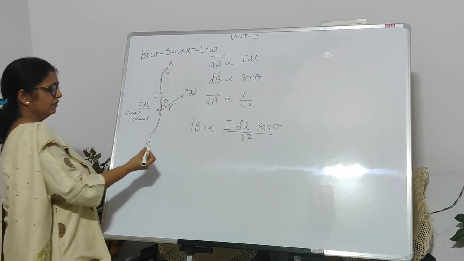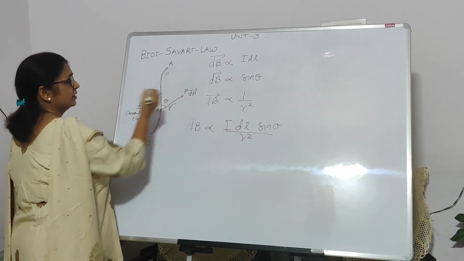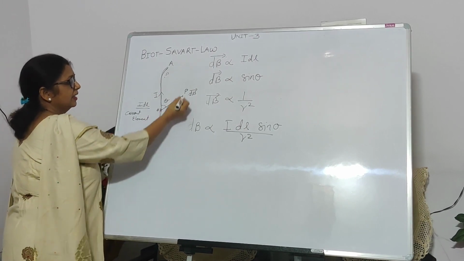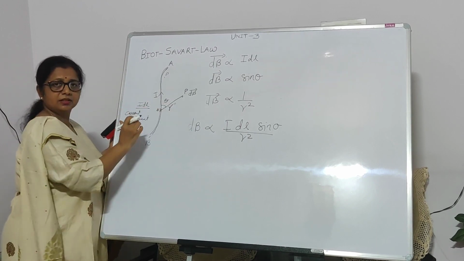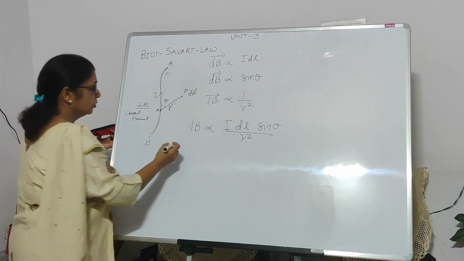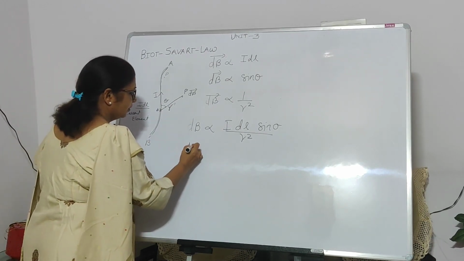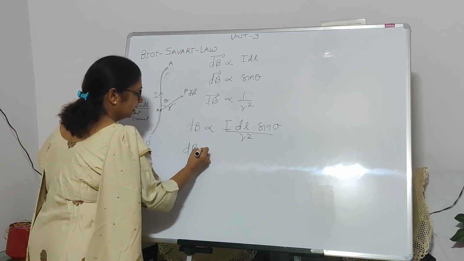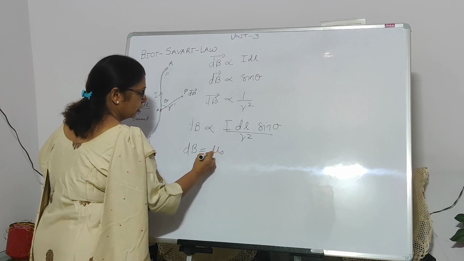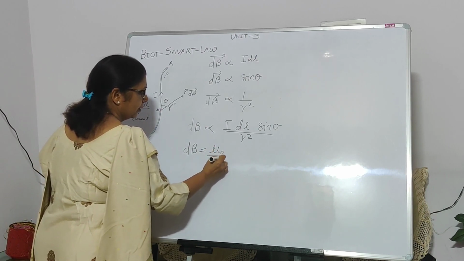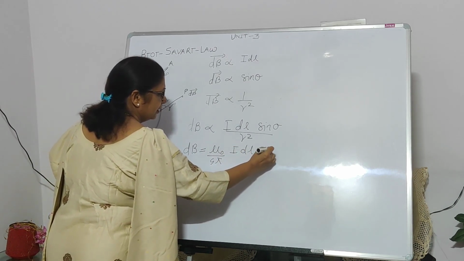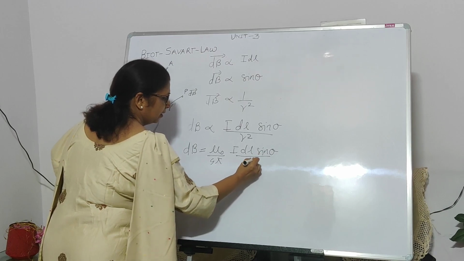One more thing that affects the magnetic field intensity is the substance placed in between, its characteristics. So that is the permeability of the substance: dB equals mu naught by 4 pi, I dl sine theta upon r squared.